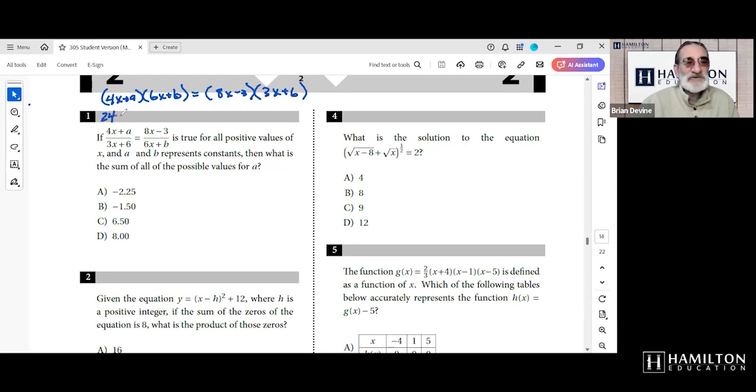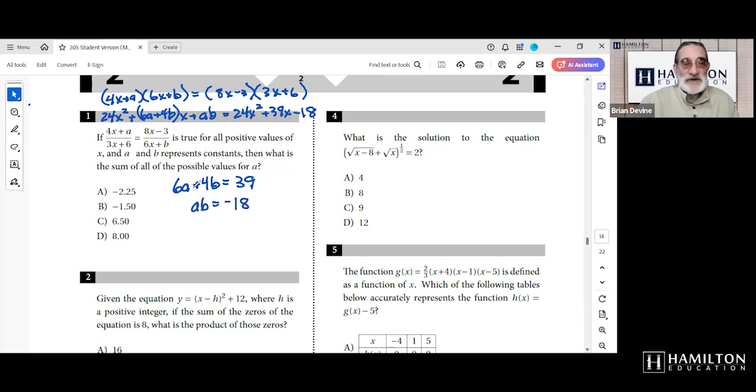So I'll get 24x squared plus 6a plus 4b times x plus ab is going to equal 24x squared, and then I'll get 48 minus 9 will give me plus 39x, and then I'll get negative 18.